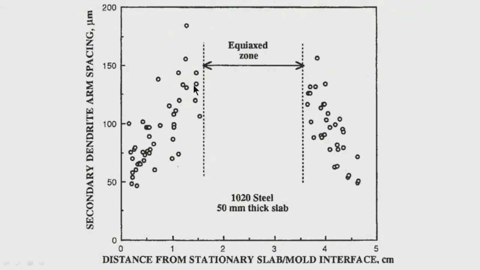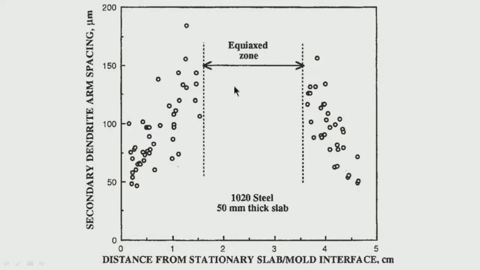The same thing will be visible in this figure. Look at what is happening here. This is distance from the stationary slab or mold interface. That means this 0 is the mold location. As you go this way, we are increasing the solidification distance, so the shell thickness is increasing.